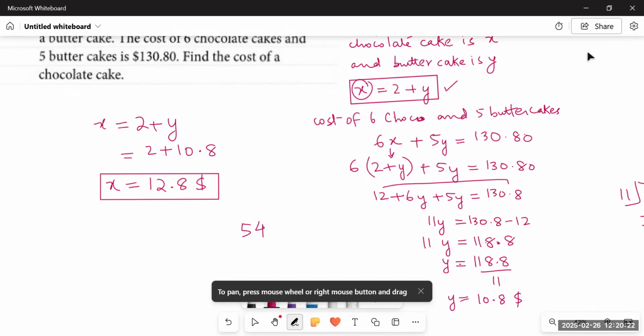And we have 6 chocolate cakes, so we will multiply 12.8 with 6. And the answer to this would be 76.8. It means the cost of 6 chocolate cakes is 76.8. And when we add, the total would be 130.80.